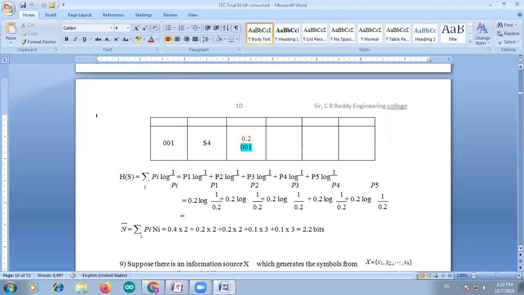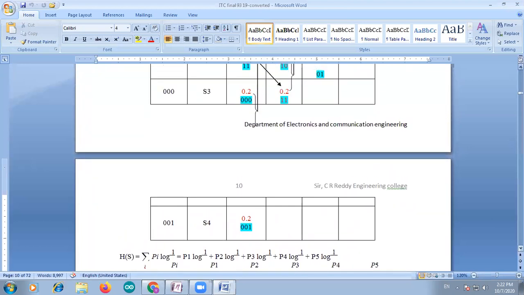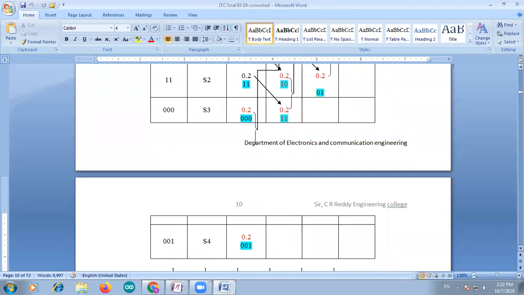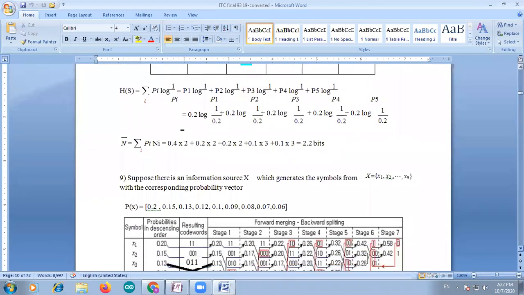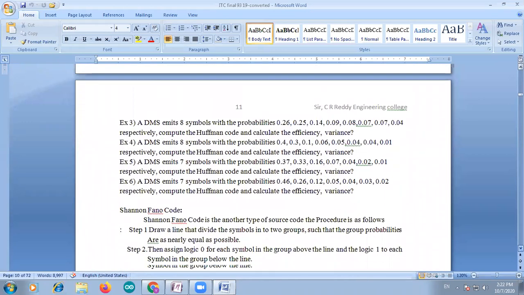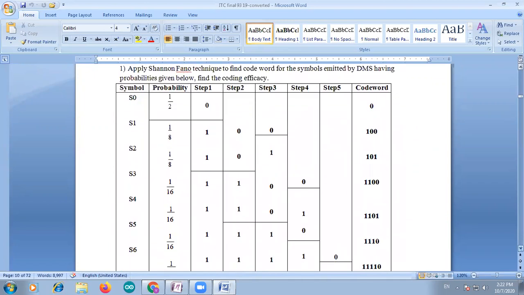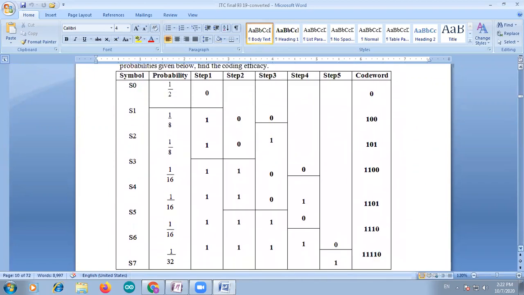So in this grouping concept, probabilities are more or less equal above the group and below the group, here 0.5 and 0.5. Now step 1 is completed.